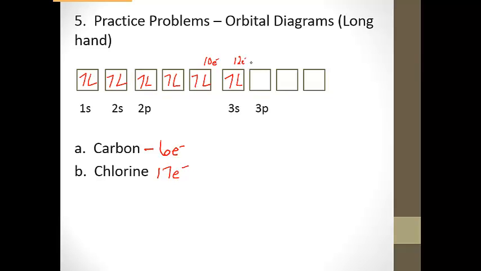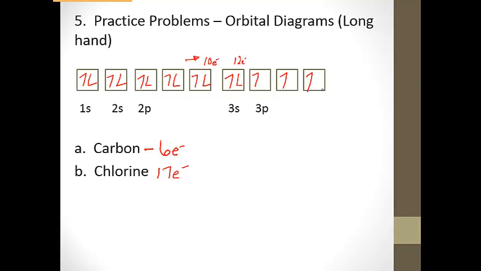so that takes me up to 12 electrons. This up here is just my own personal notes. It's not anything that you have to write, but it's just a way for me to keep track of the electrons that I've used. I have 5 left. We need to make sure we're following Hund's rule here, where we don't pair them unless we have to. So we have 5 electrons. We would want to put 1 in each box. So we have 12, 13, 14, 15.